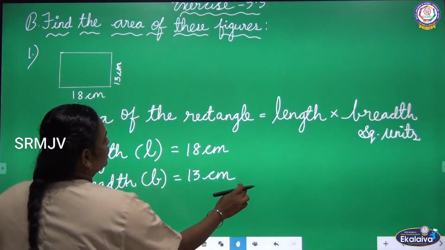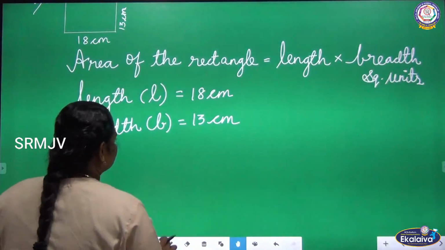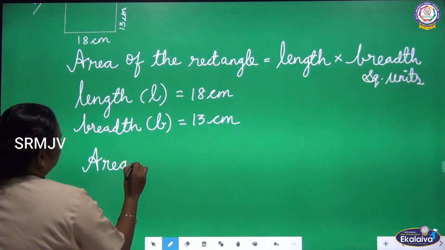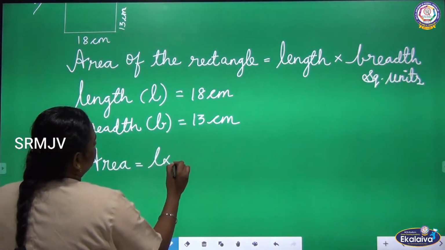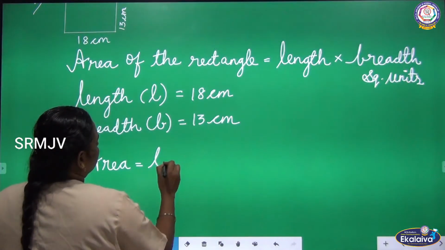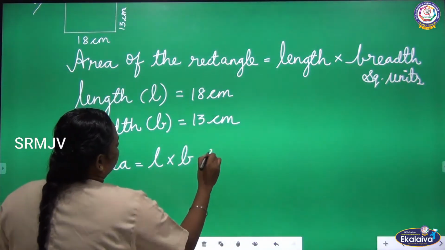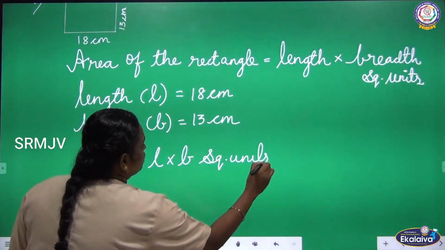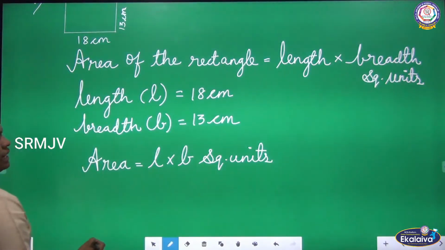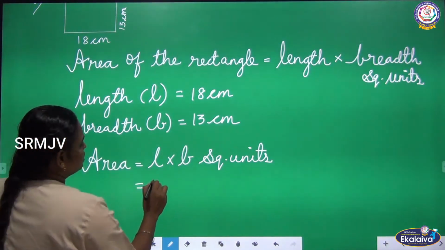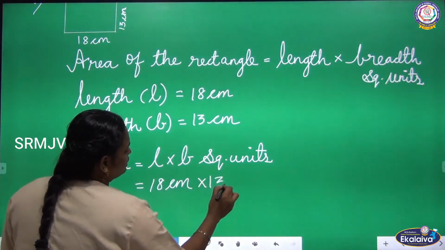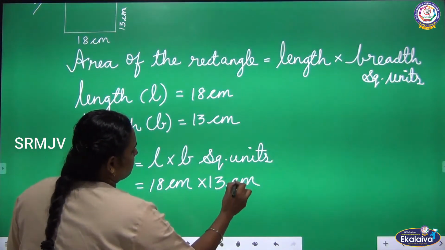So how will you find out the area of the rectangle, children? Area equals L into B square units. What is L here? L is 18 centimeter into 13 centimeter.